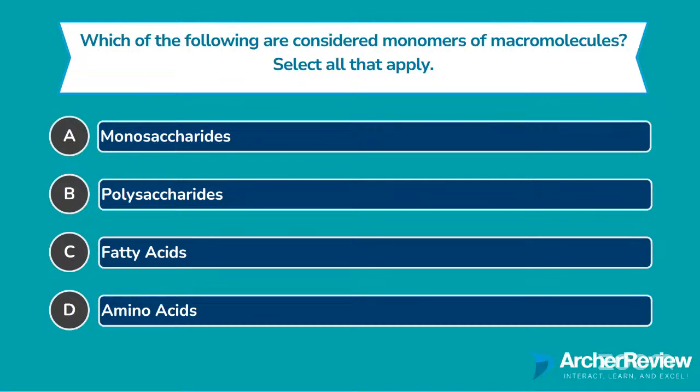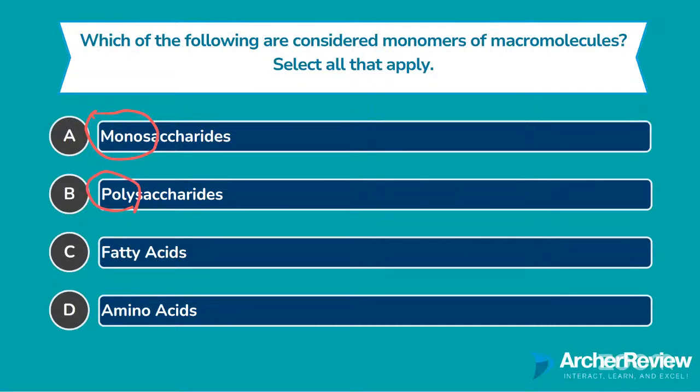The individual units were things like monosaccharides. Remember that mono stands for one, saccharide stands for sugar. So that was the individual monomer of carbohydrates. Now, the reason that B is incorrect, if we just go down the line, is because notice that prefix poly.